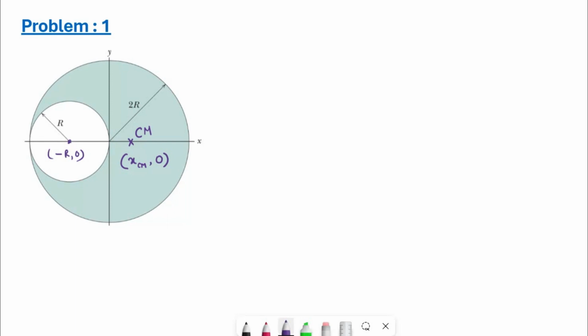So then what we're going to do is consider that this bigger mass of radius twice r, and let's call the areal density sigma. The area of the bigger disk is simply pi times twice r squared, and that's the mass of the bigger disk as a whole, where this pocket has not been cut out.